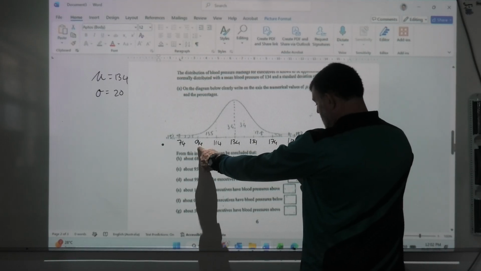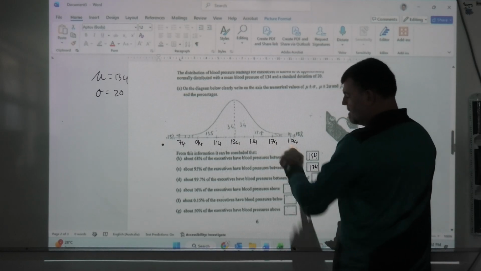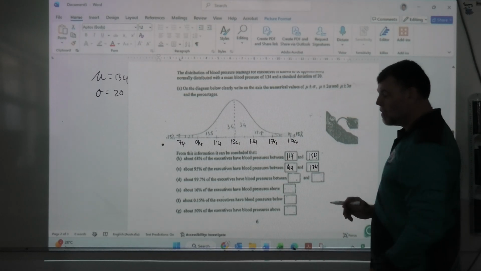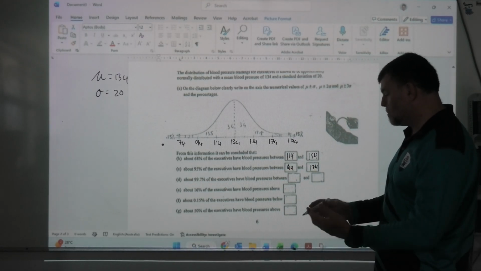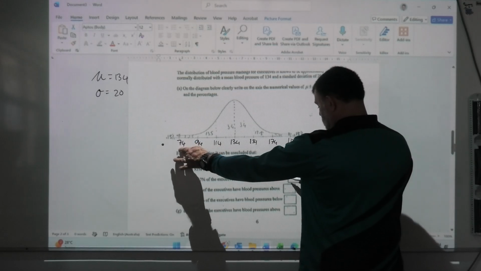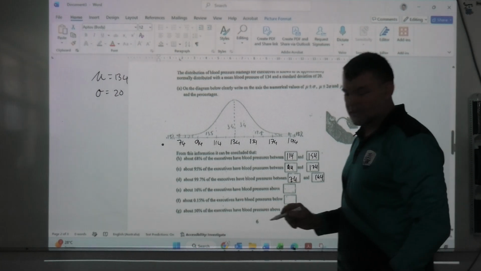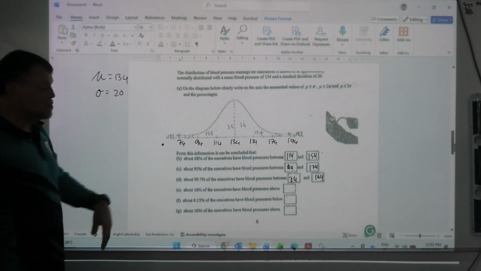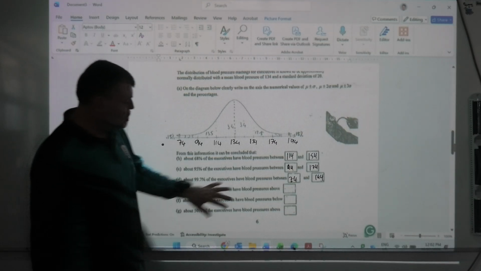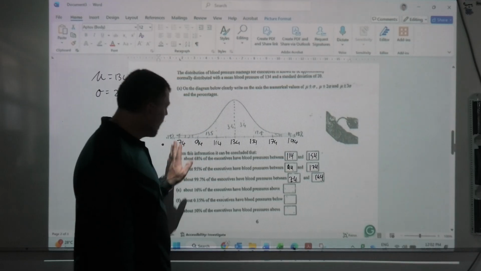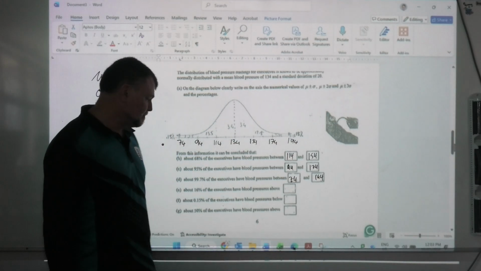So the lowest part would be 94, and the highest part would be 174. And then the last one, about 99.7% of the executives have blood pressures between, well, that's 3 deviations away. So 74 to 194. So you can see by using those small numbers 68, 95, 99.7, we're able to show what range within this normal distribution curve the information we're looking for shows.